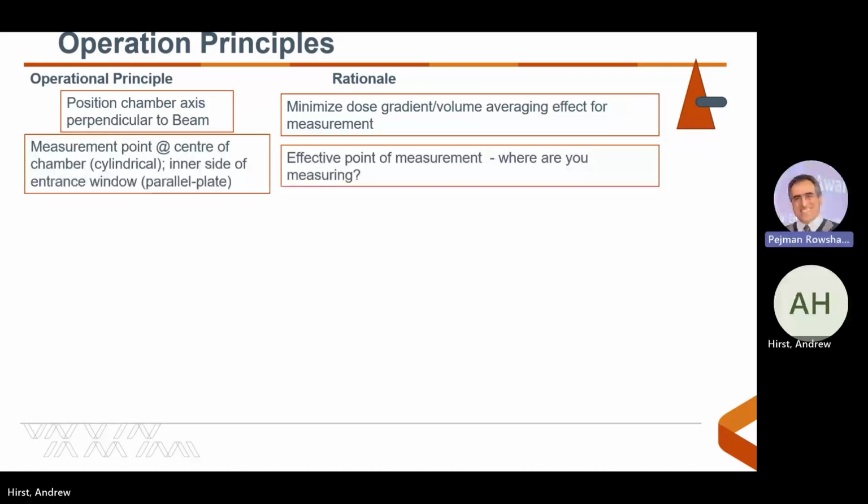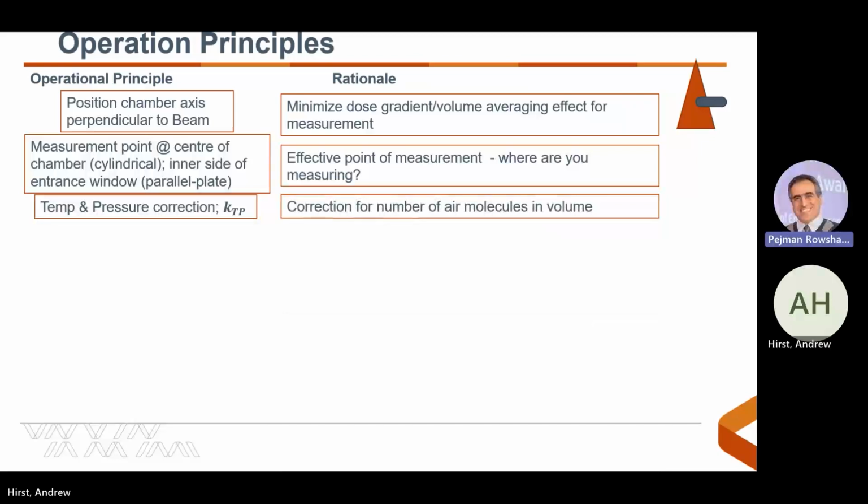So when you're setting up your device, you need to make sure that you're not positioning it at the geometrical center, but at the top side of the window. There are quite complex equations that prove that that is where the dose you're measuring is most related to.